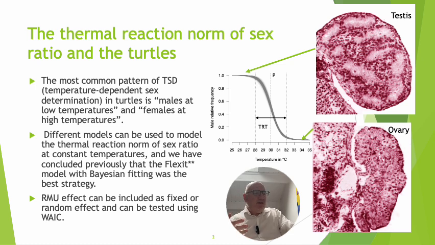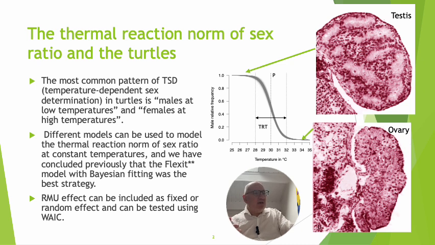We have seen in previous videos that we can model this pattern of thermal reaction norm of sex ratio using different kinds of equations. And we concluded previously that the flexed double star model with Bayesian fitting was the best strategy.